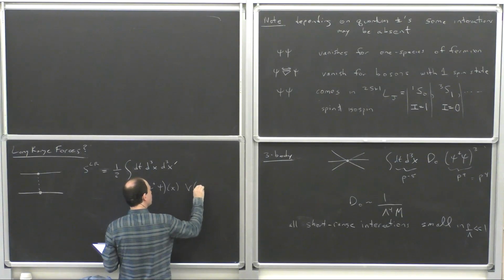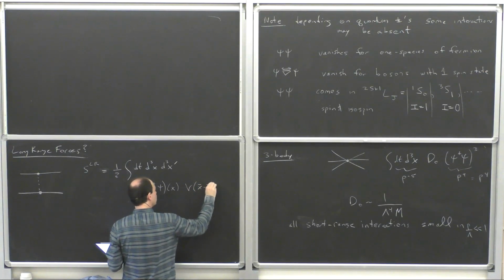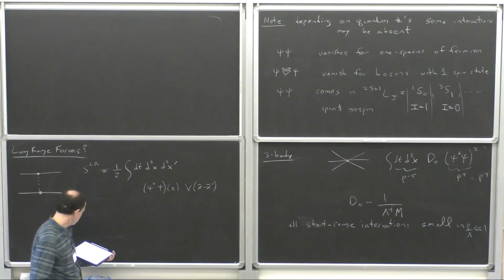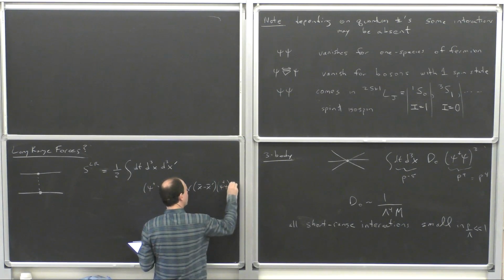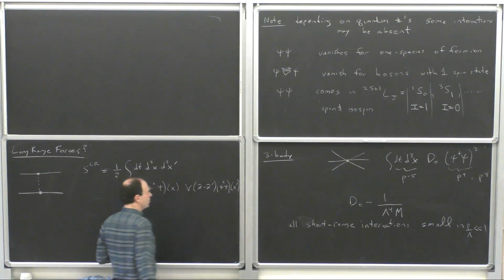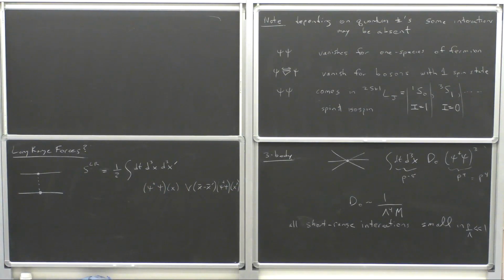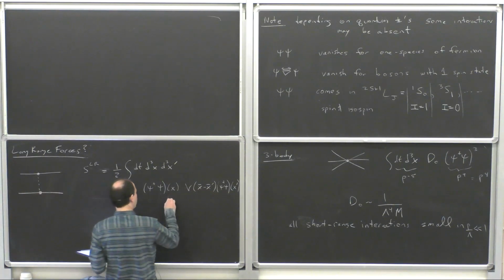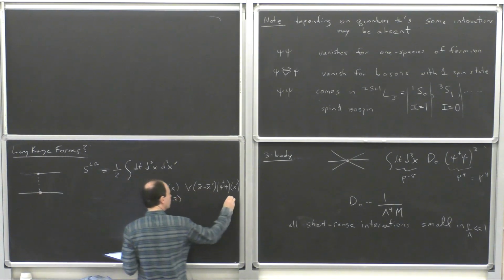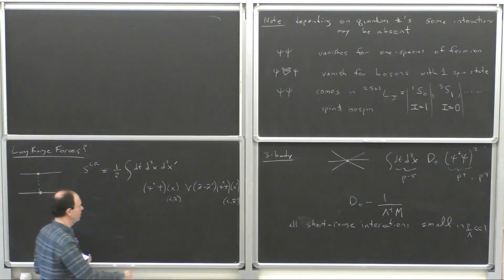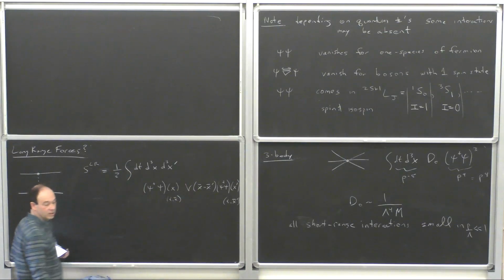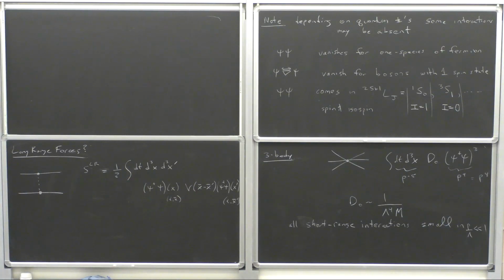There would be some potential, which would usually depend only on the difference between x and x prime, if it was, for example, a Coulomb. And then there'd be a psi dagger psi at x prime, where x prime is at the same time, local in time, but non-local in space. So this is t comma x vector, and this is t comma x prime vector. This is the kind of thing I would get from integrating out the auxiliary field. I get some potential. And we can go through our power counting for this type of operator.